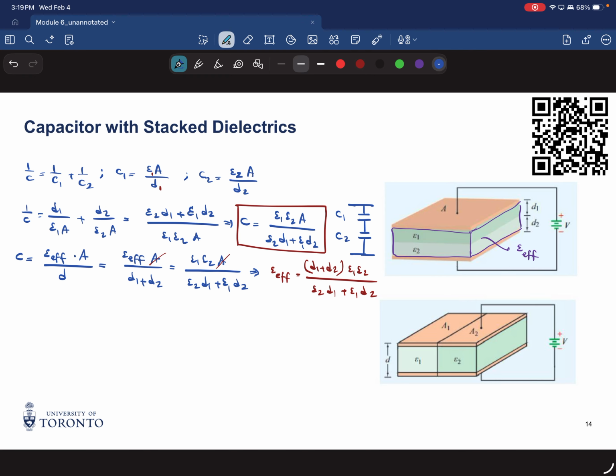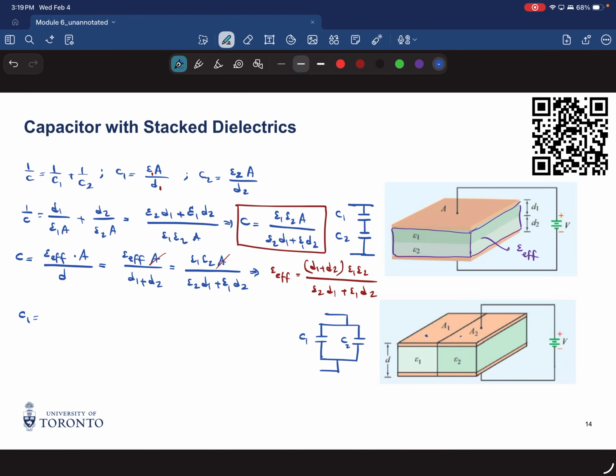Now let's go to this one. When you have them horizontally stacked, they're like parallel capacitors. Because if you assume that these two points are the same conductor, then the voltage on both of them is the same. And when you have two components whose top voltage and bottom voltage are the same, they are in parallel. So this is C1, this is C2.